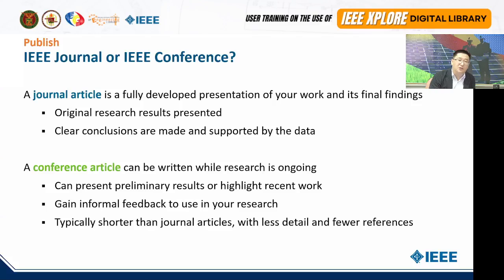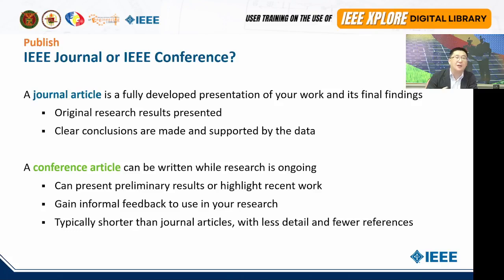And journal article is looking for clear conclusions, while a conference article is written while the research is ongoing. So in this sense, a conference article is focusing on 2 things. One is new research topics, new research strategies, new research methods, new research results.